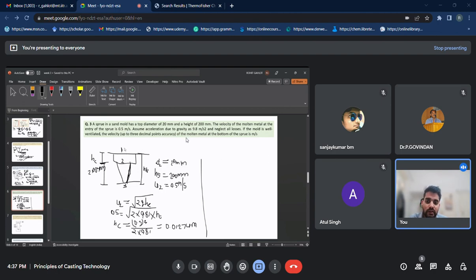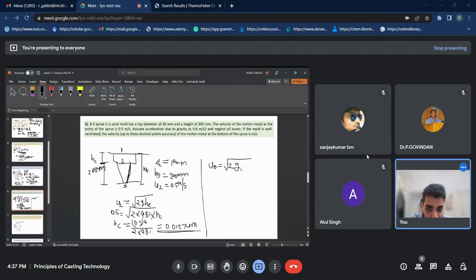Further, as I need to calculate the velocity at U3, I will be writing the Bernoulli equation between points 1 and 3, and again the assumptions are the same: the pressure I will take as atmospheric pressure, and I will be equating V1 as 0. So from here I will be getting the total height as 200 plus, I will convert it to meter, or the unit will be the same.